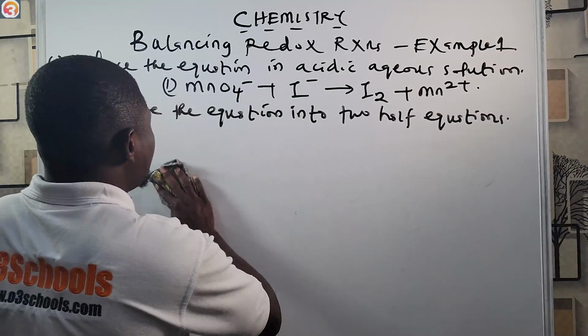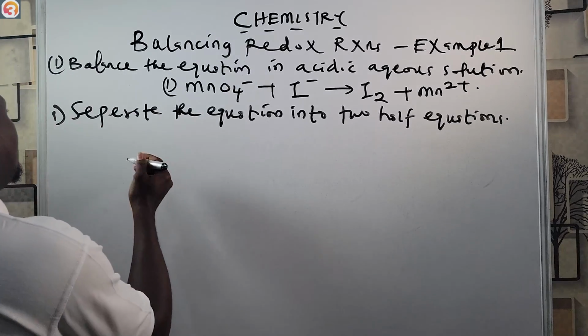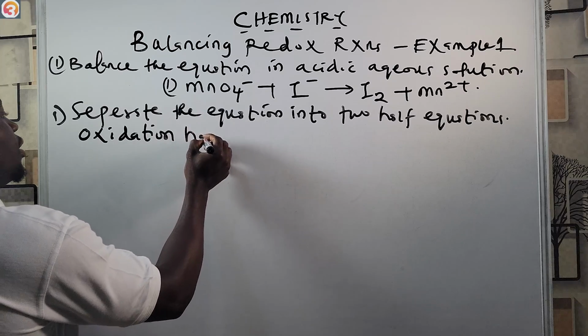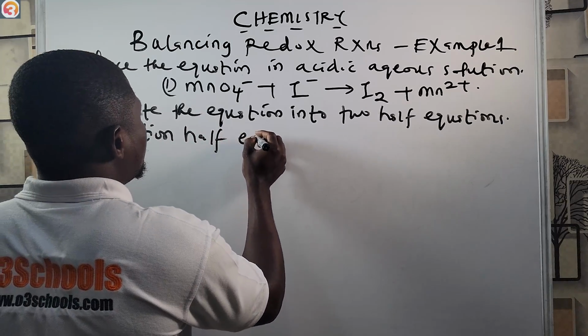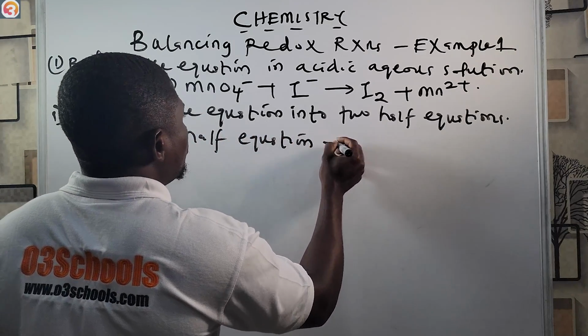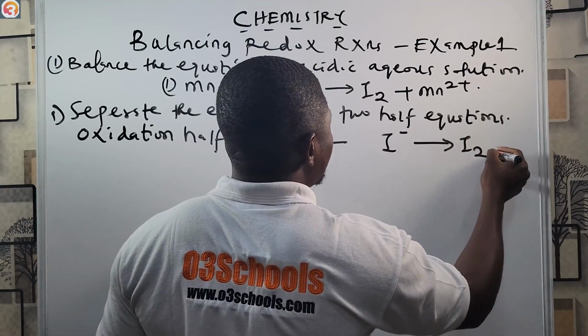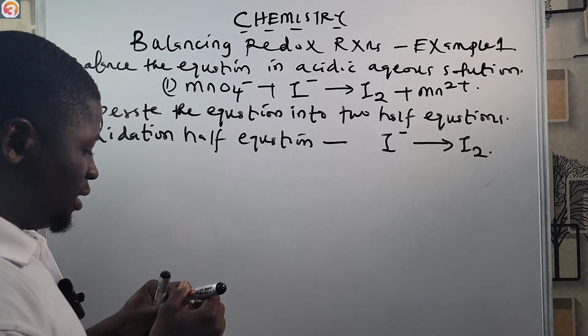We have to separate them into 2 half equations. The oxidation half equation will be I minus to give I2. This is the oxidation half equation.